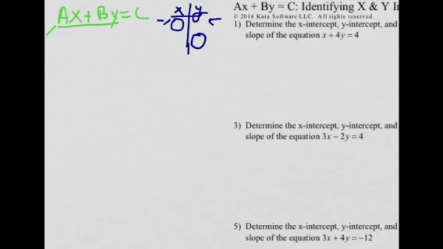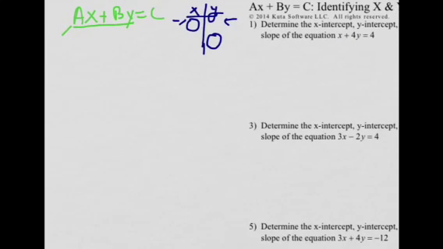So if I take, for example, number 1, x plus 4y equals 4, and I look at my graphic organizer, it says let x equal 0.